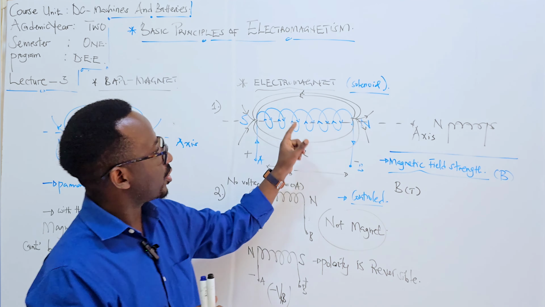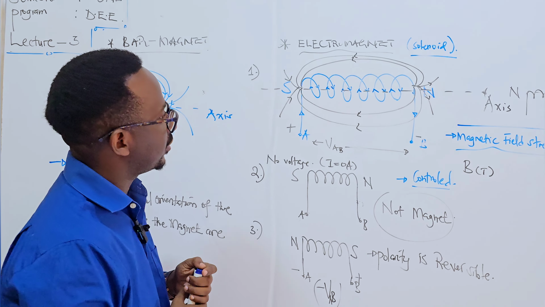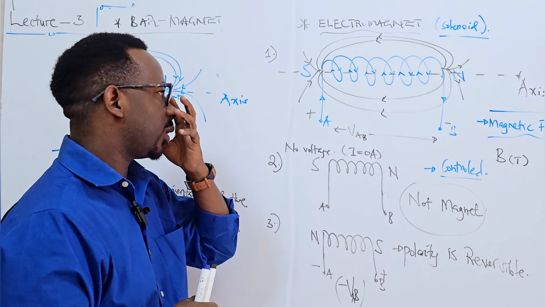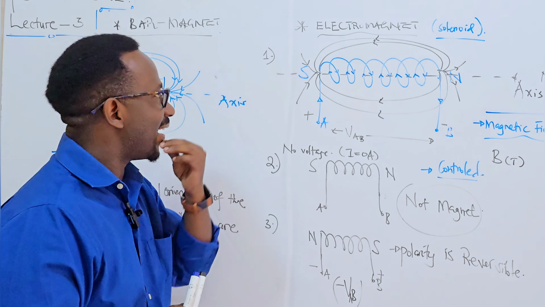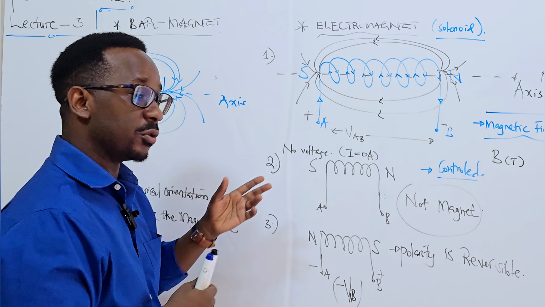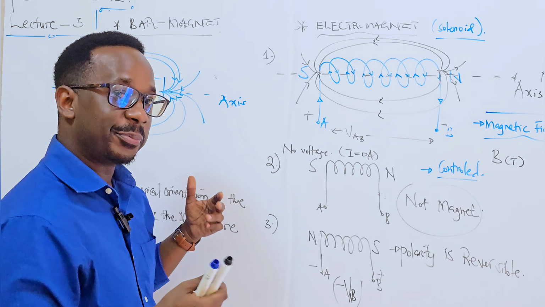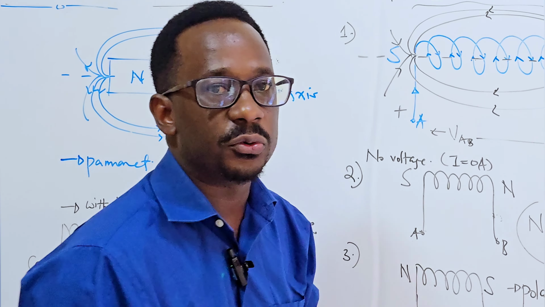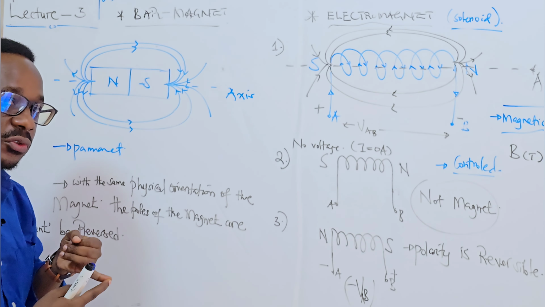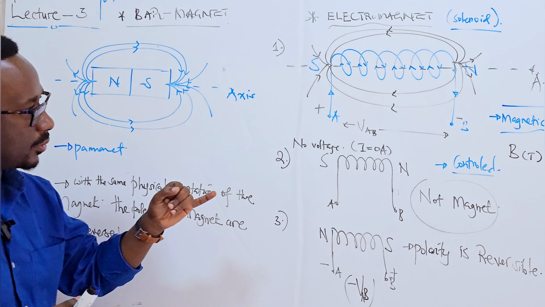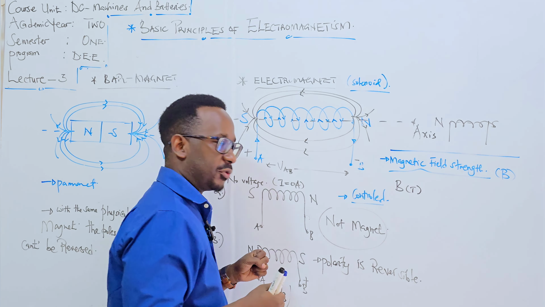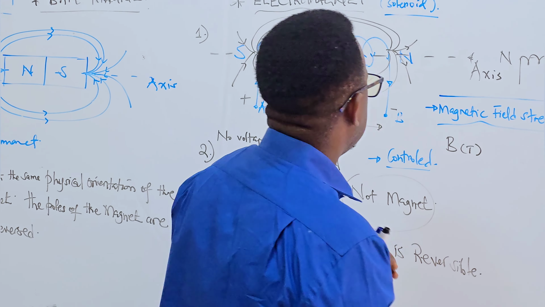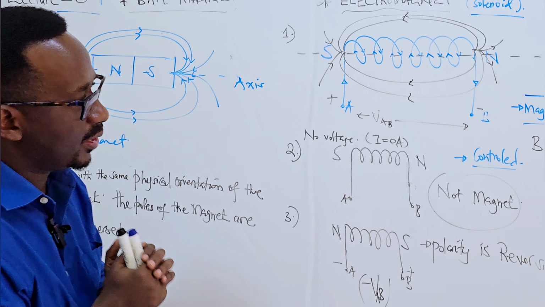The field strength of an electromagnet, a controllable, manipulatable magnet, is proportional to the current flowing through it. The more current that flows through that conductor, the stronger the magnetic fields around it, guys. So the stronger the magnetic field.